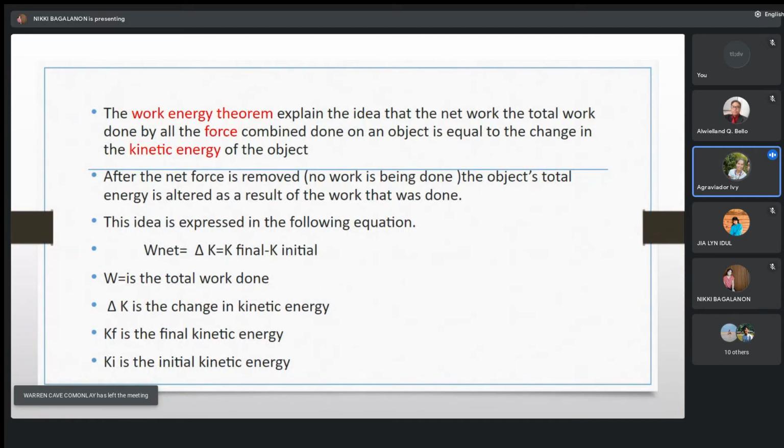The net work, the total work done by all the forces combined on an object, is equal to the change in the kinetic energy of the object. After the net force is removed, the object's energy is given by the following equation: change in kinetic energy equals final minus initial.